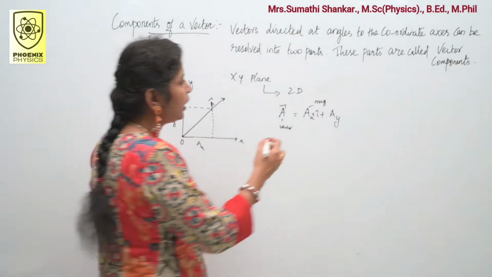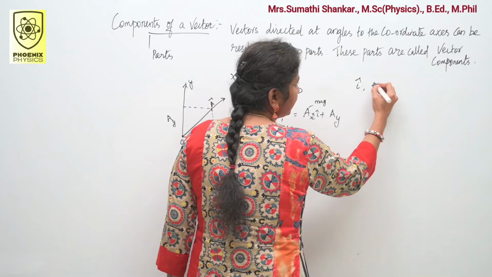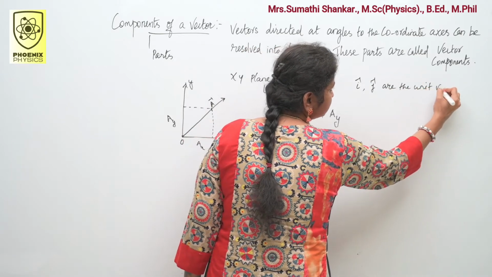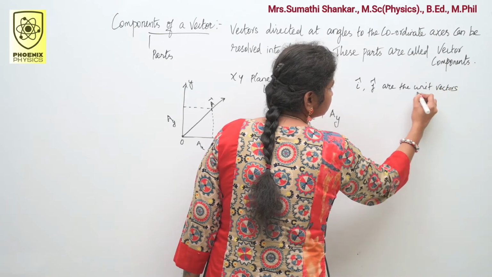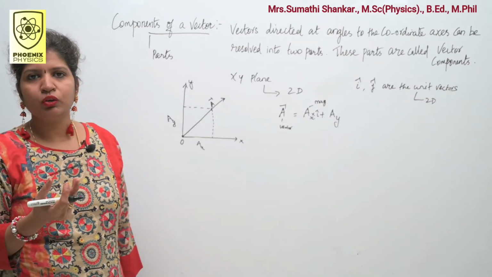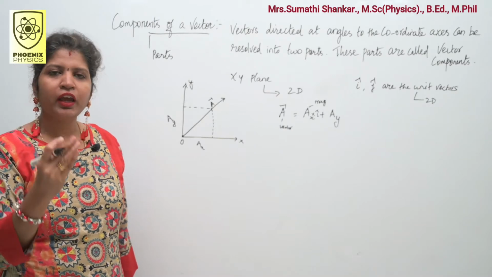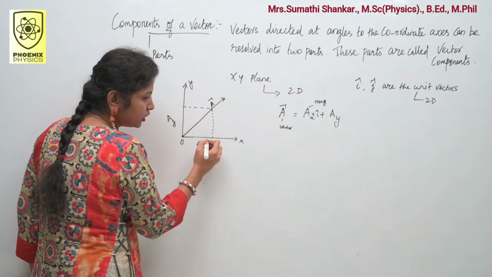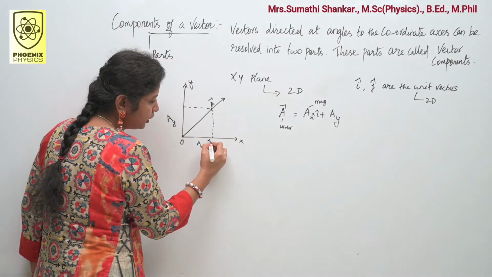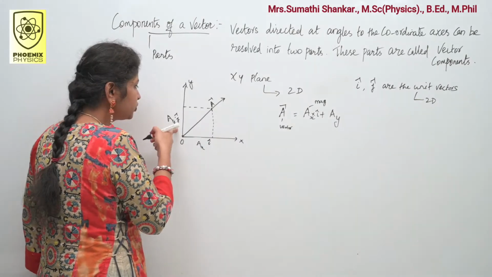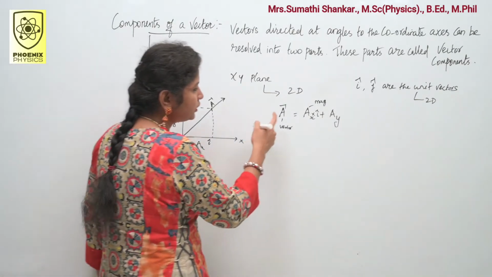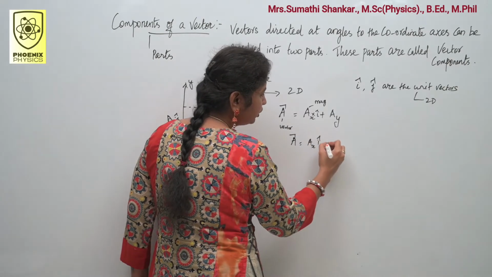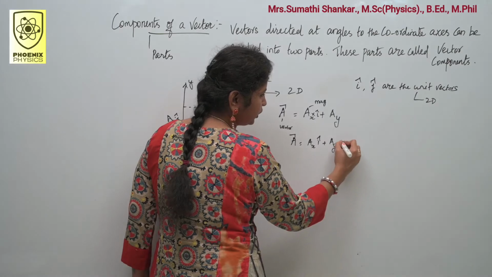You know that i, j are the unit vectors in a 2D plane. If it is three-dimensional, i, j, k are the unit vectors. The i vector acts in the x direction and the j vector acts in the y direction. So A can be written as Ax i vector plus Ay j vector.